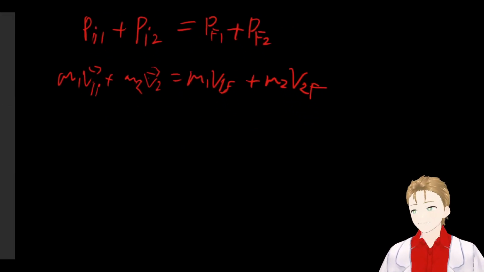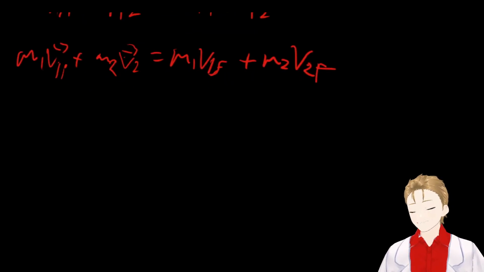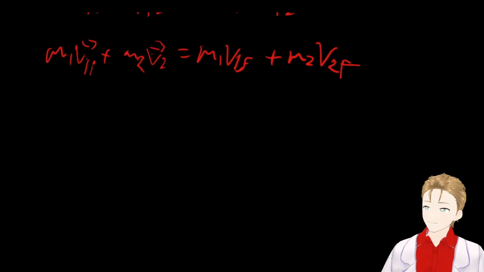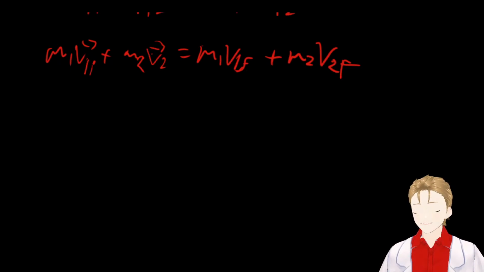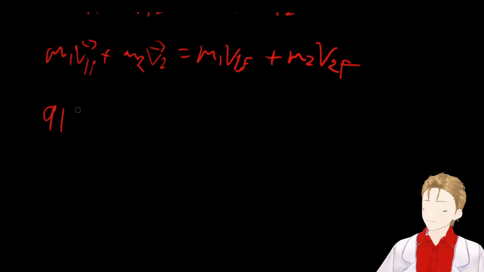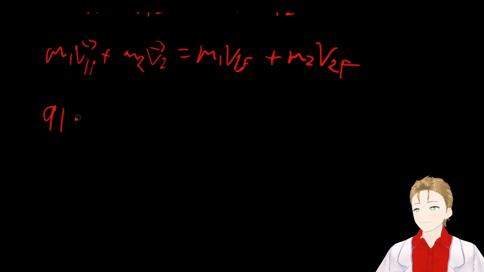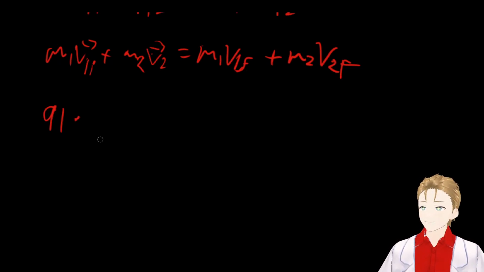So plug in some numbers, we can get 91 times... isn't it 0? Because we're not moving yet. Are we supposed to assume that we are moving?